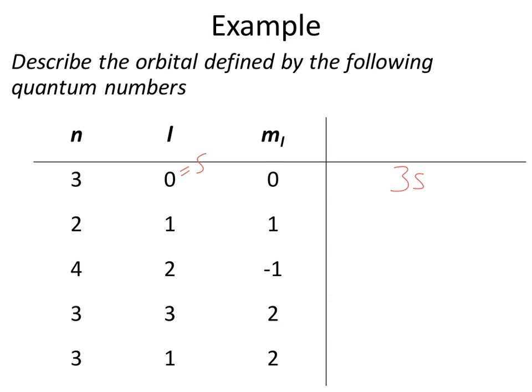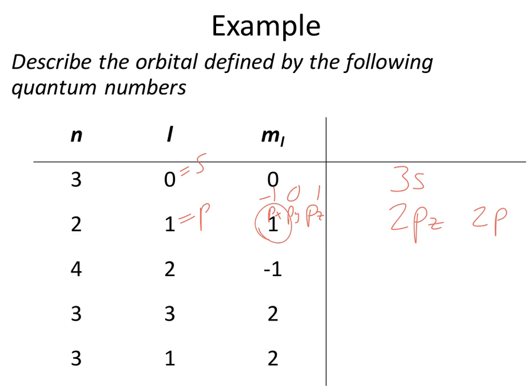The second one over here, our energy level is going to be 2. Now, 1 represents a P, and here our ML, we don't really know which orientation it is. We know that ML can be -1, 0, or +1. So this could be PX, PY, or PZ. So we could say 2PZ if we wanted to, or we could just leave it as 2P, that's fine.